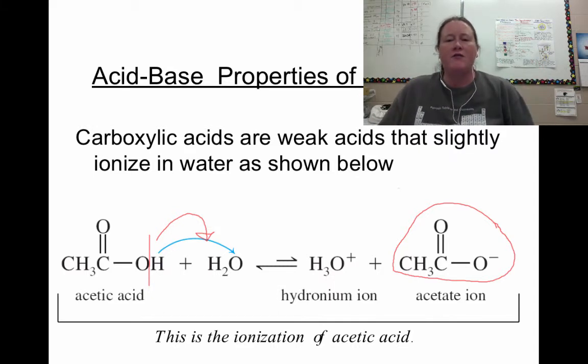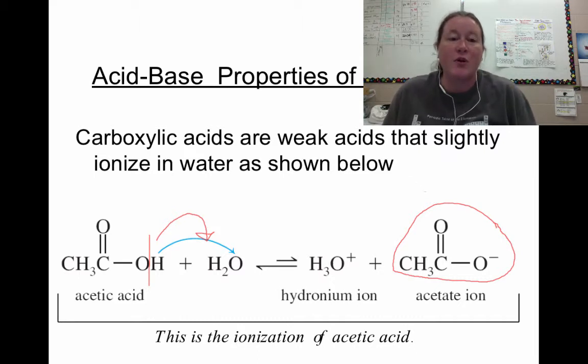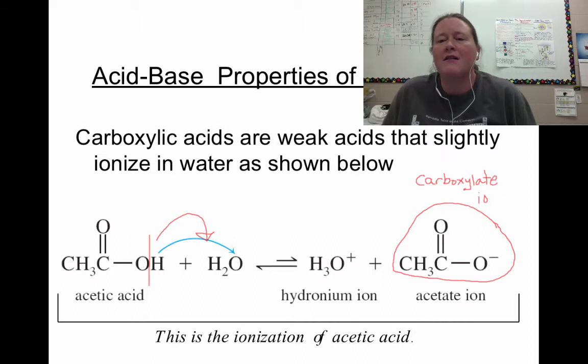And in general, when a carboxylic acid loses this hydrogen ion, the general name for the product is called the carboxylate ion.